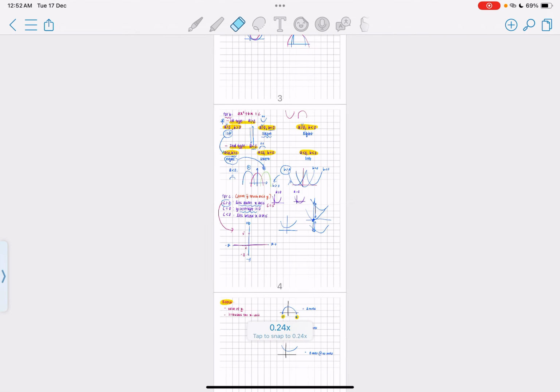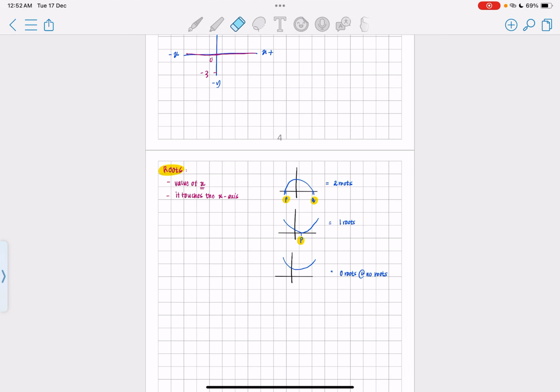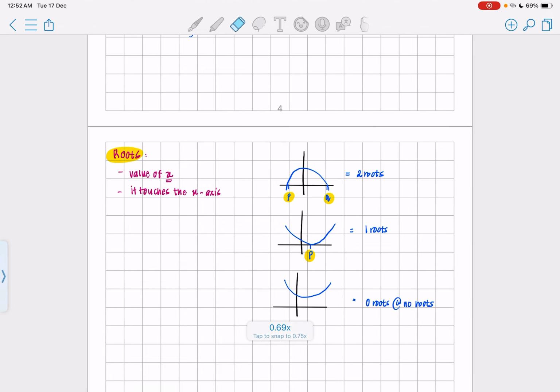Okay. And then last part of this chapter, roots. As I covered earlier, roots are basically the value of x, or the ones that touch the x-axis. For roots there are 3 cases. Whether you're going to have 2 roots, 1 root, or you don't have any roots.